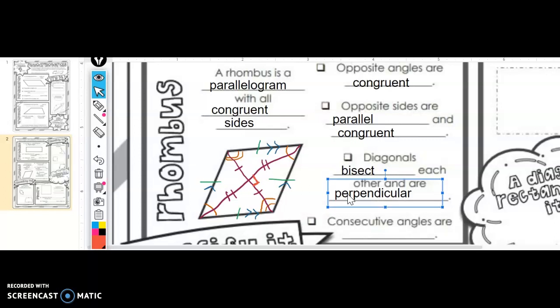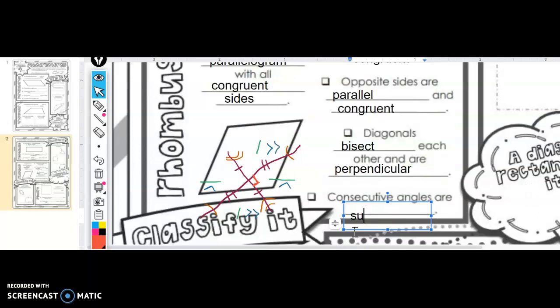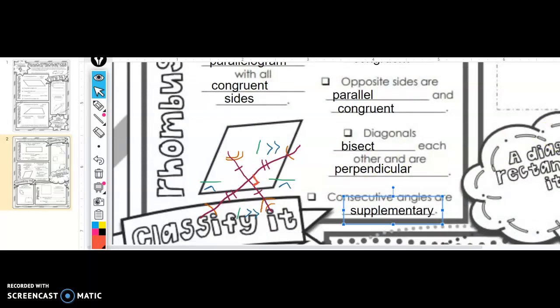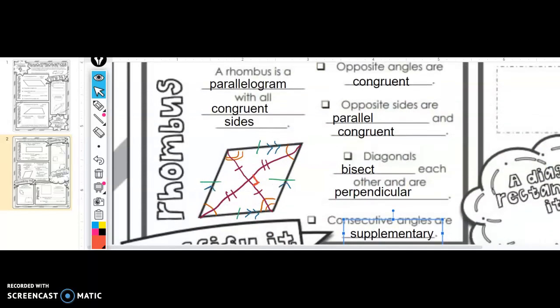Okay, another property that translates from the parallelogram to the rhombus is the consecutive angles are supplementary. They are supplementary. That means they add up to 180. Ooh, got off on my drawing. There we go.